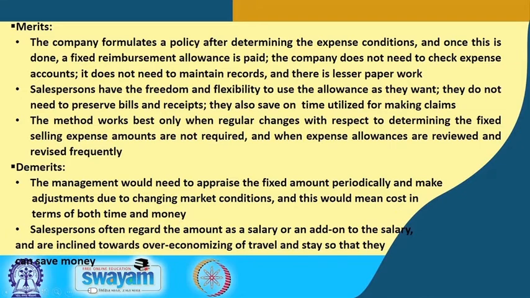The method works best only when regular changes with respect to determining the fixed selling expense amounts are not required, and in cases when expense allowances are reviewed from time to time and revised.